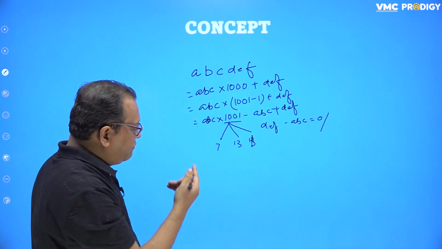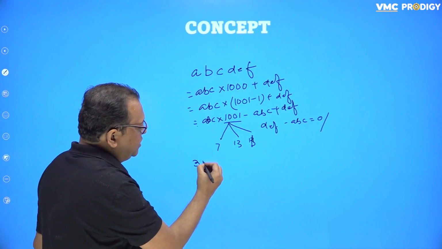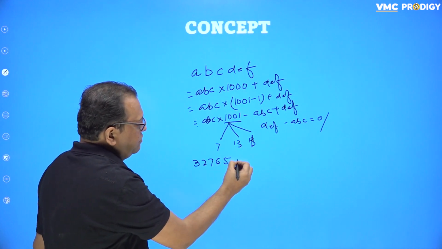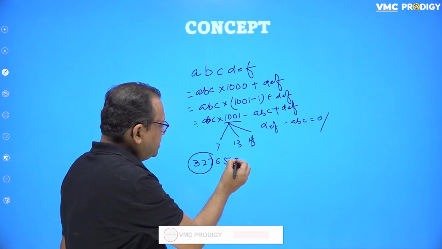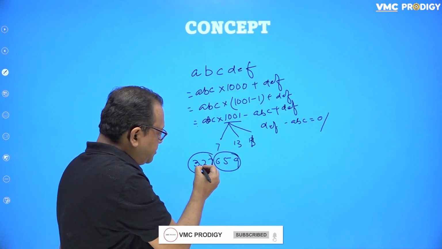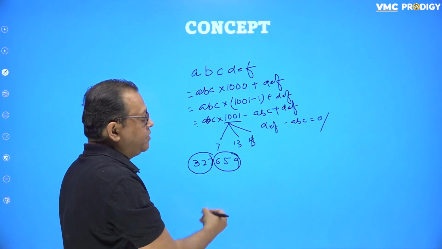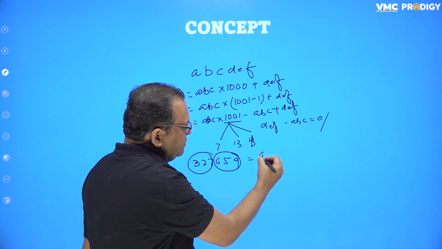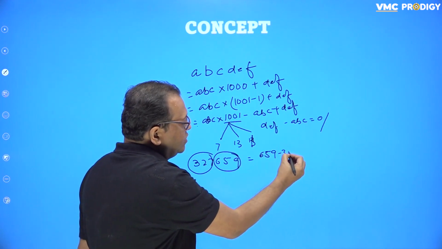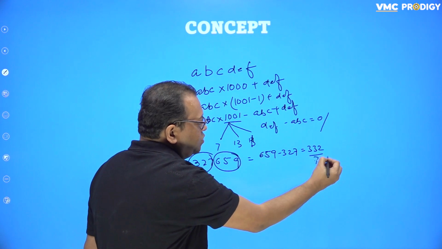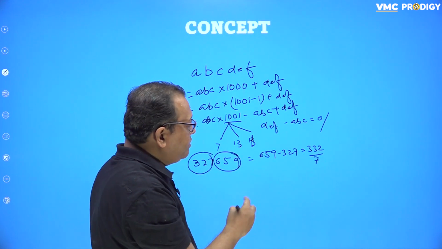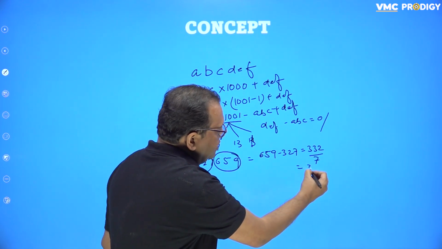So in effect, if I take a 6-digit number, say 327659, you make it into triplets and subtract the left triplet from the right triplet. So 659 minus 327 is 332, and 332 when divided by 7, the remainder is how much? 3.